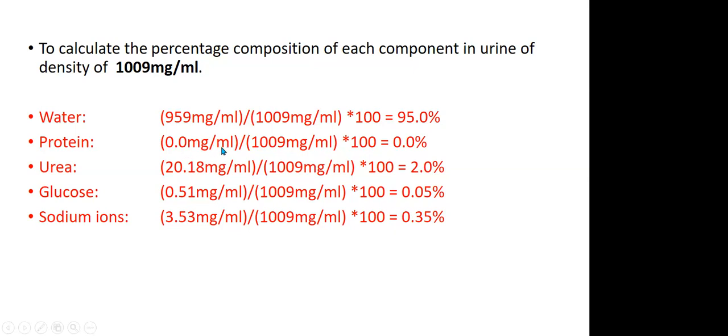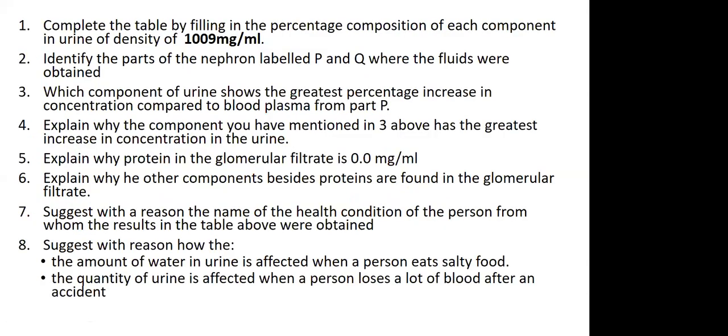So we have 0.0 divided by the concentration of the urine, and then we get 0%. Then for urea, we get 2%. For glucose, we are getting 0.05%. And for the sodium ions, we are getting 0.35%. Okay, so that is how we go about that calculation.